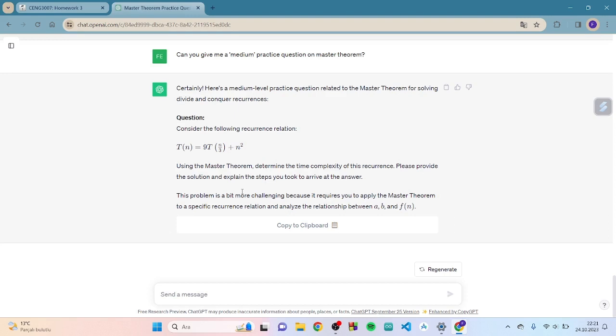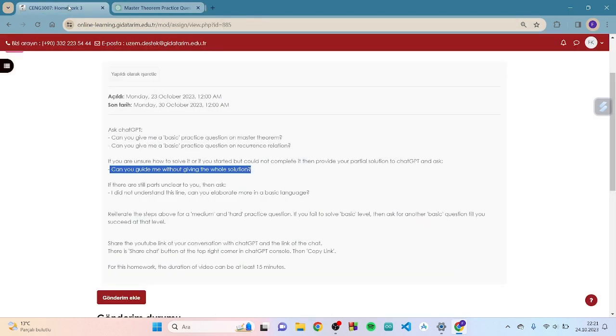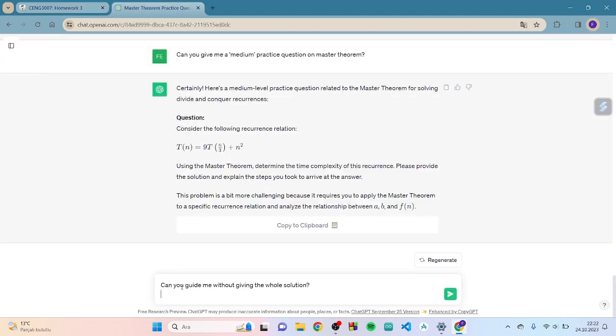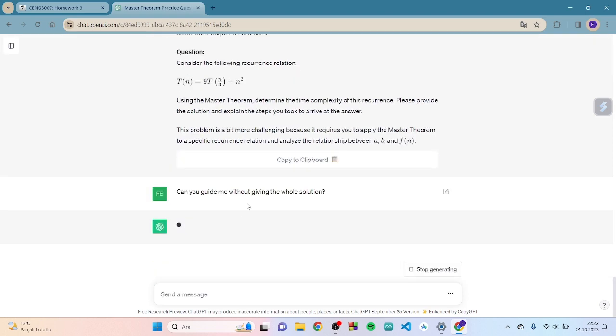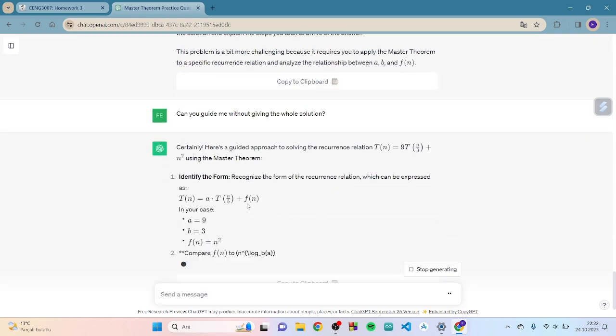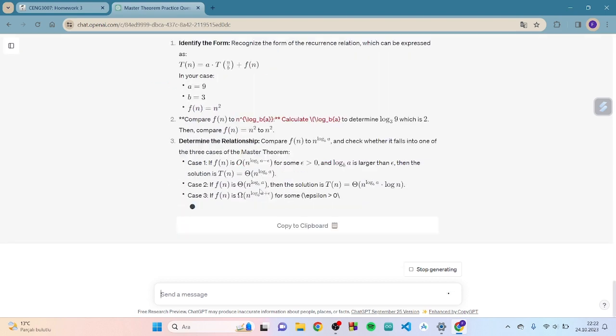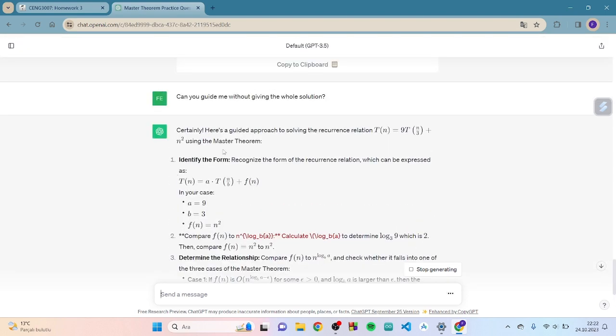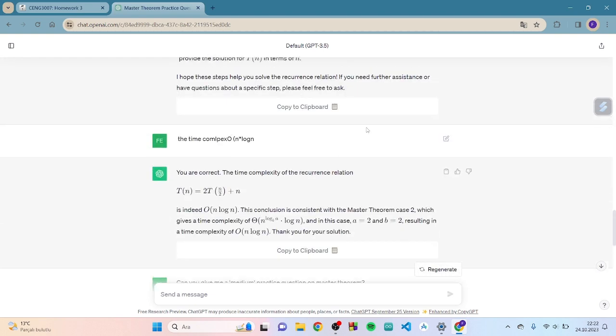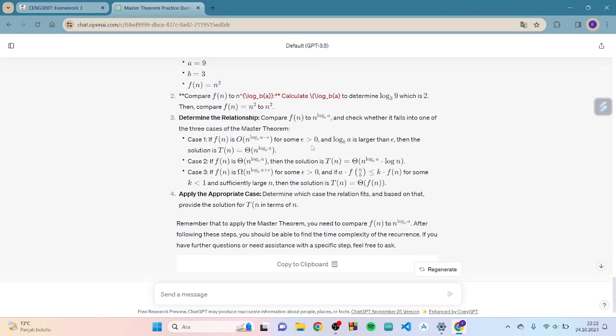Okay, this question is a little bit hard for me, so I ask for help. The first step is to identify the form. Actually, this is the same as the other question.